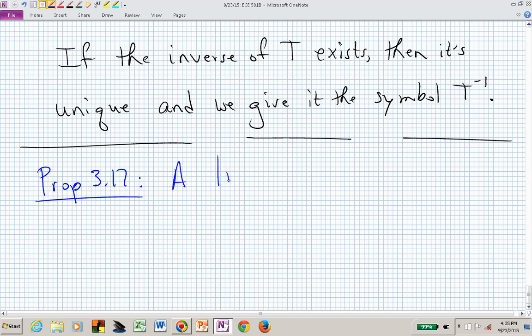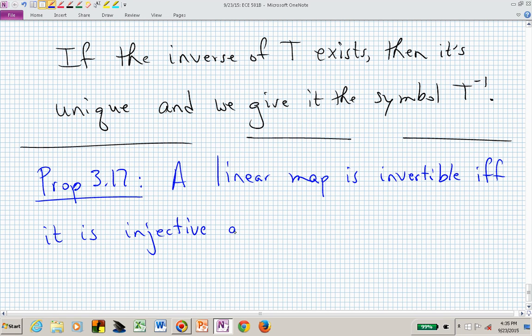A linear map is invertible if and only if that map is injective and surjective.